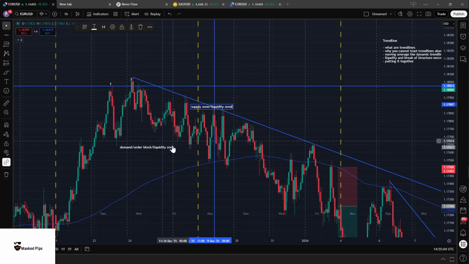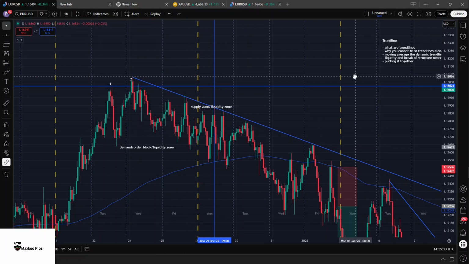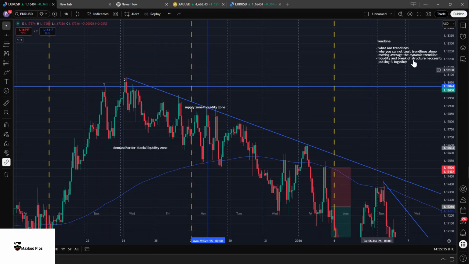Demand and supply zones are zones that start the break of structure in the market. So I'm trying to put a definition together that explains both liquidity and break of structure. Now liquidity is where there is going to be so much price action in the market, and the zones of liquidity are demand zones, supply zones, equal highs. Equal high is simply like these two, this number one and number two.